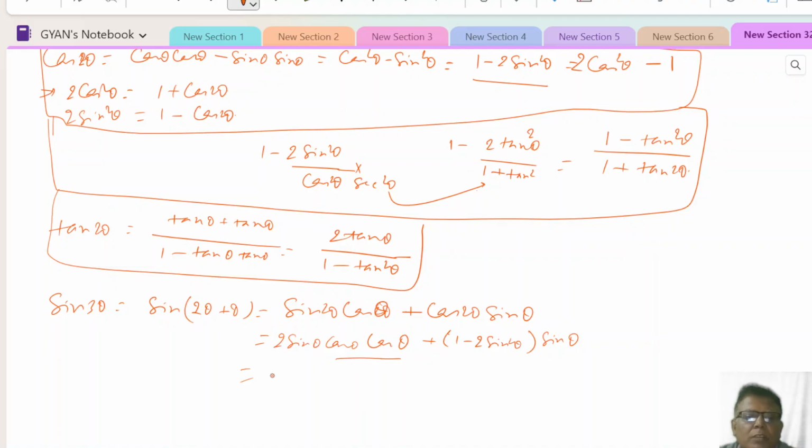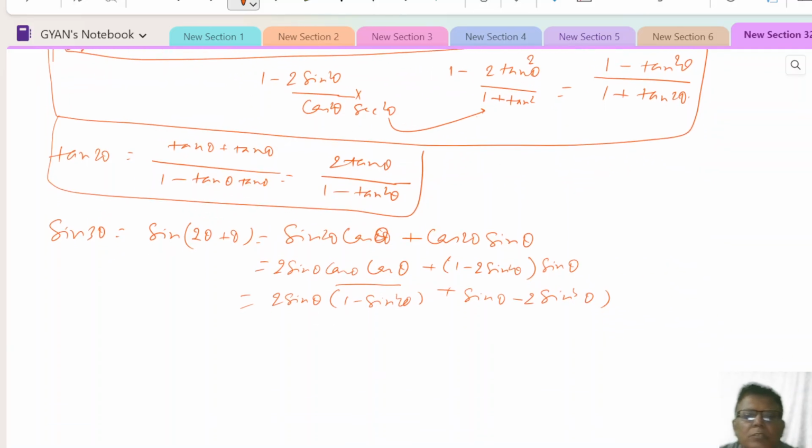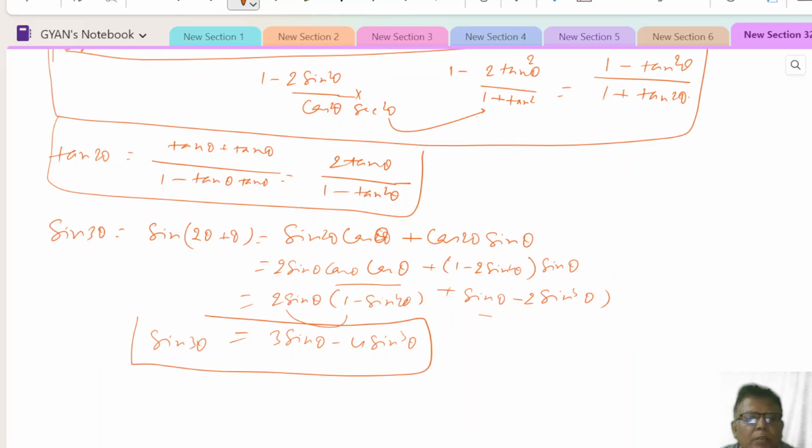So cos square theta you can write as 1 minus sin square theta: 2 sin theta (1 minus sin square theta) plus sin theta minus 2 sin cube theta. So this will be 3 sin theta minus 4 sin cube theta. So sin 3 theta is this formula. This is a very important formula, that also remember.